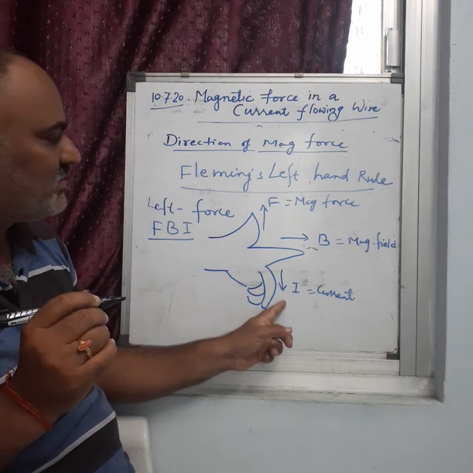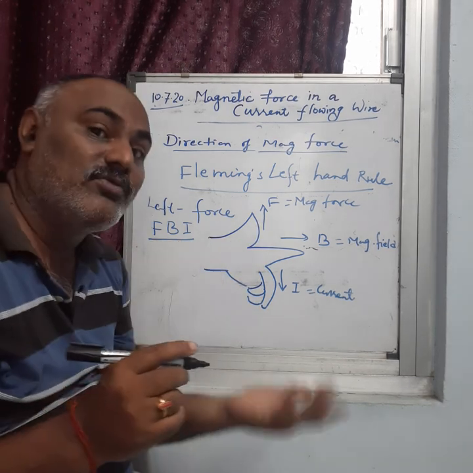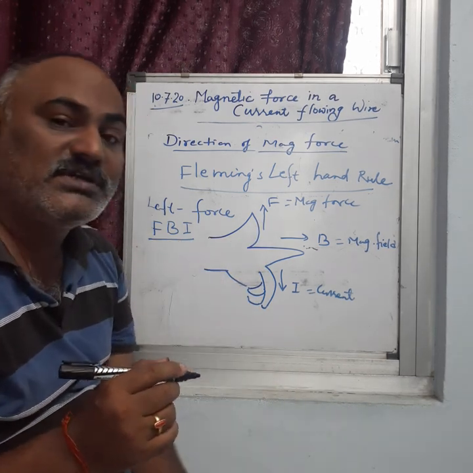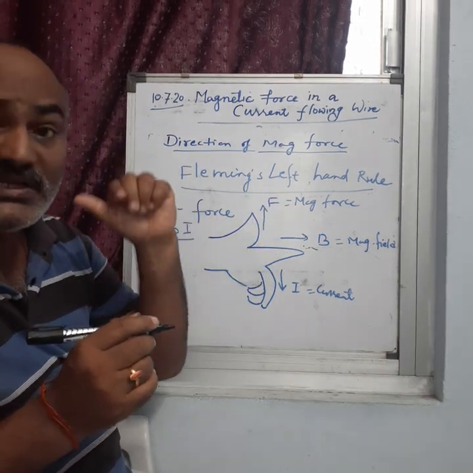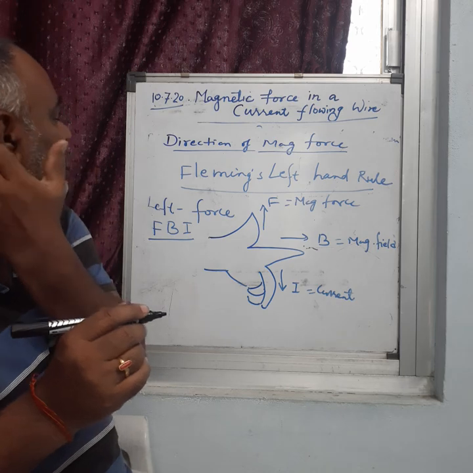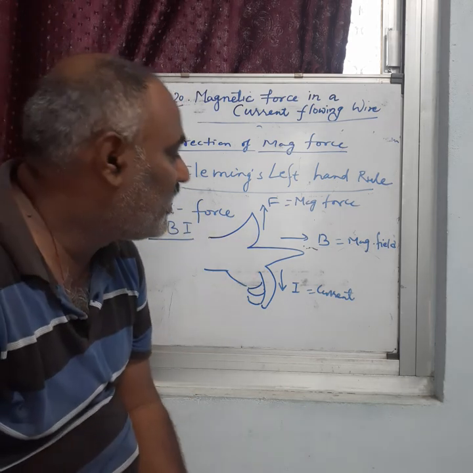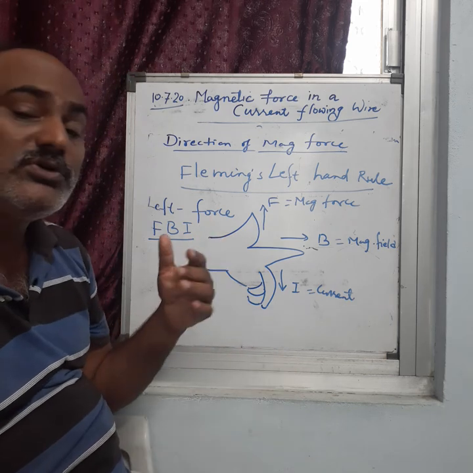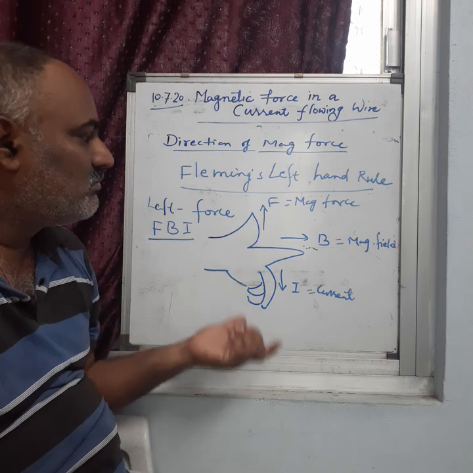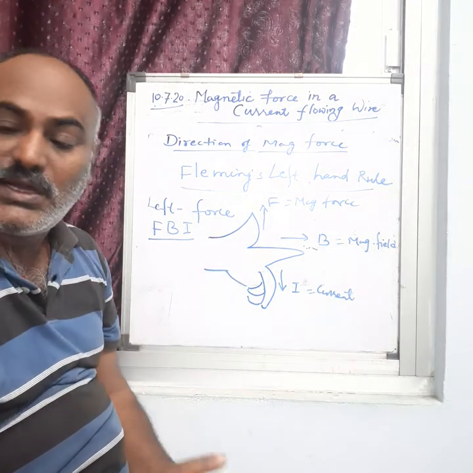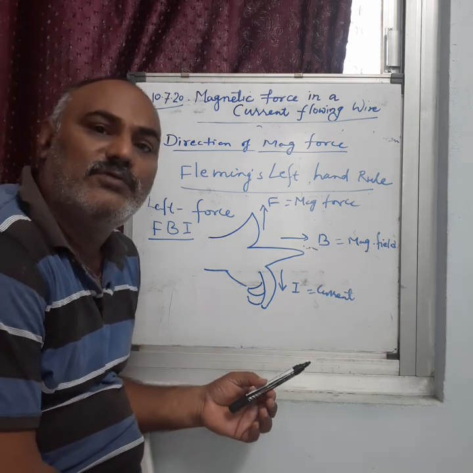Fleming gave another rule which will come later in chapter 6, called Fleming's right hand rule, which is for the induced current. I will discuss that then. Now, Fleming's left hand rule: you also had some introduction to it in class 10. Okay.